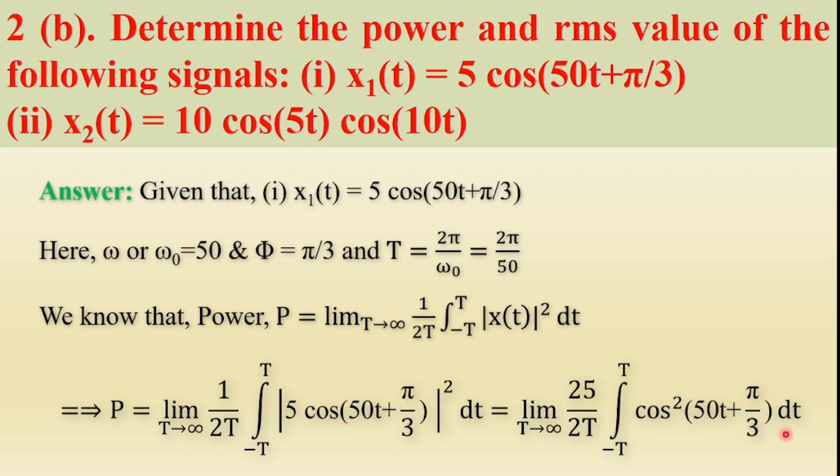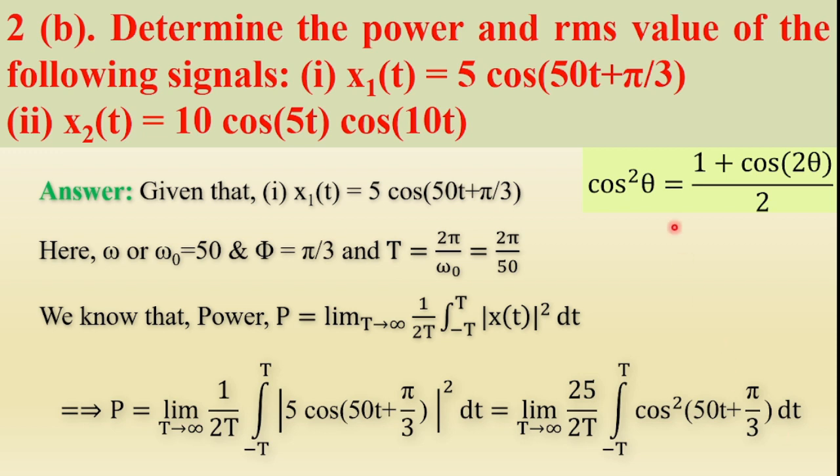The integration of cos square of 50t plus pi by 3 cannot be reduced directly. We know that cos square theta is equal to 1 plus cos 2 theta by 2. So the integral of cos square t cannot be reduced directly, and cos square t is written in terms of cos as 1 plus cos 2t by 2.